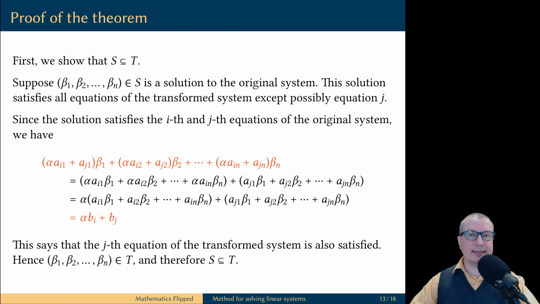You will see that this equality says the left-hand side of equation number j of the transformed system is equal to the right-hand side of that equation if you substitute betas for the variables. This shows that betas satisfy equation number j of the transformed linear system, and therefore they are a solution of the transformed system. This shows that S is a subset of T.